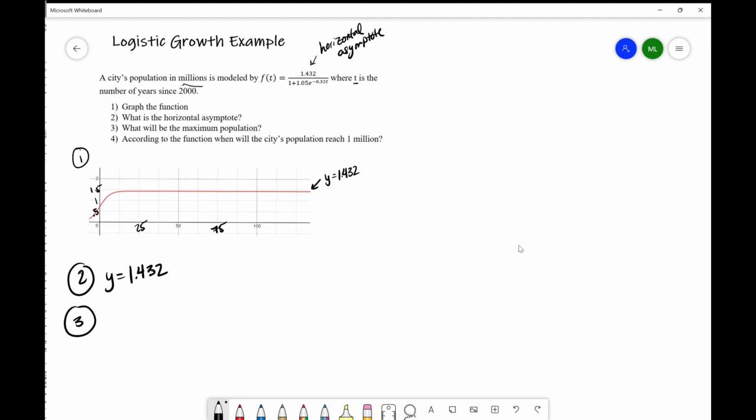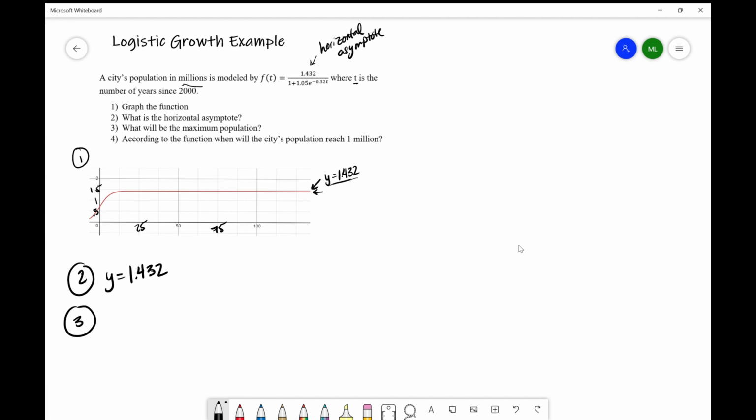And the third part of our question, what will be the maximum population? So the max population that we can have is right before y equals 1.432, because that's where it reaches, and that's where it's constant from there on out. The maximum population that I can reach, we found that value is y equals 1.432.